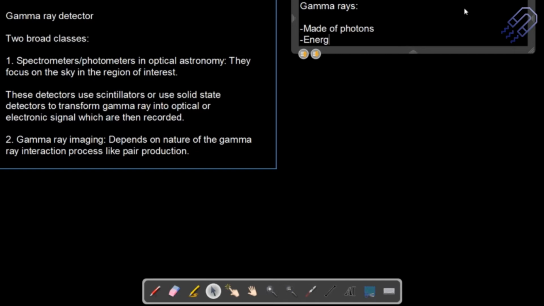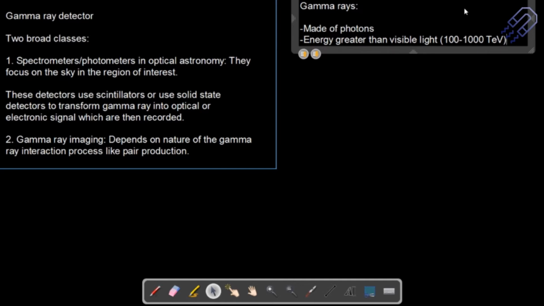And the energy plays a very important role. Energy greater than visible light, right? The energy is always greater than visible light, and that means if we just consider it in terms of the energy scale, it will be around 100 to 1000 tera electron volt, sorry. So that will be around that range.